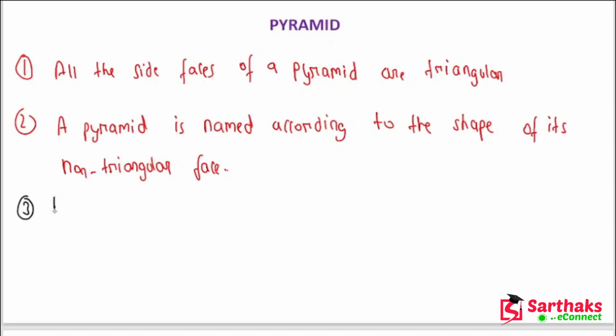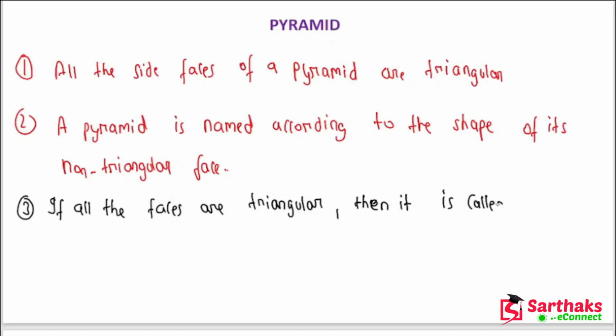Okay, so I can write that if all the faces are triangular, then it is called a triangular pyramid or tetrahedron.